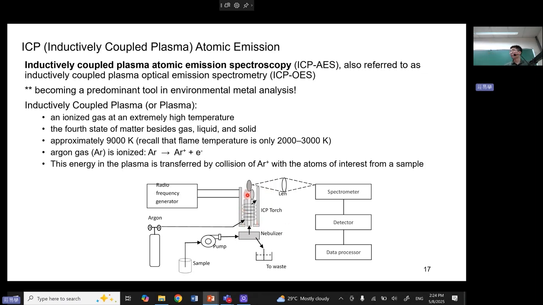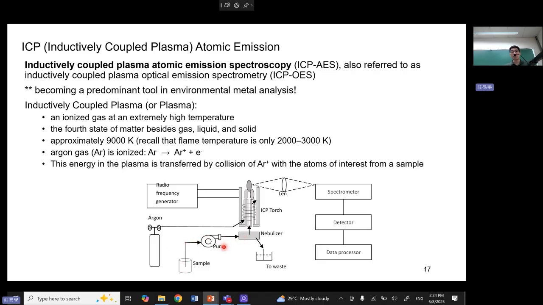Imagine that you have plasma generated here, and when you introduce the sample, this is your water sample, it gets pumped into the machine.